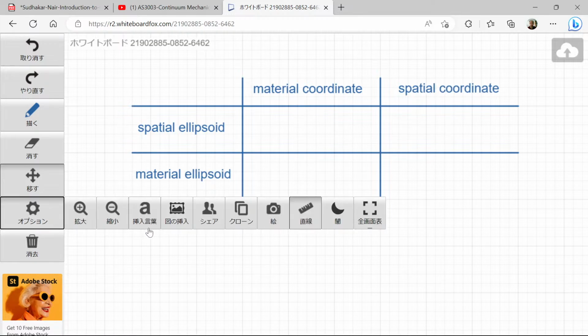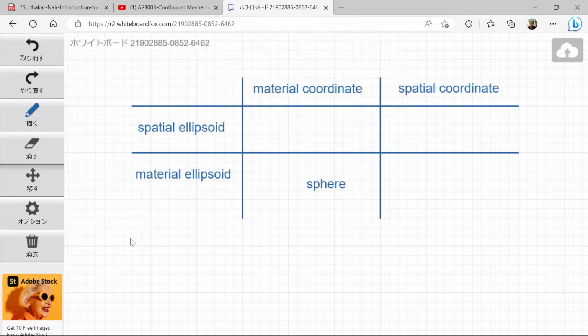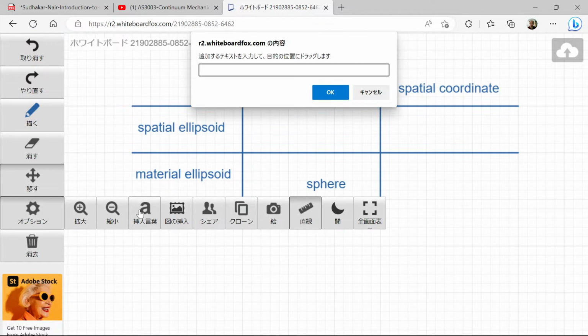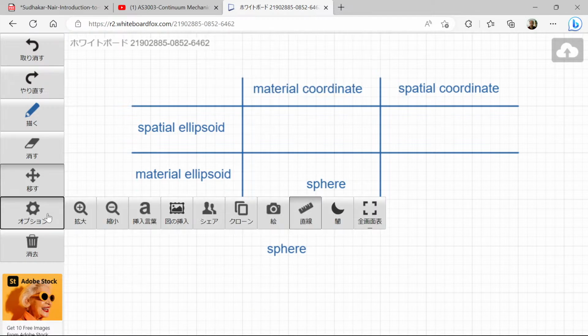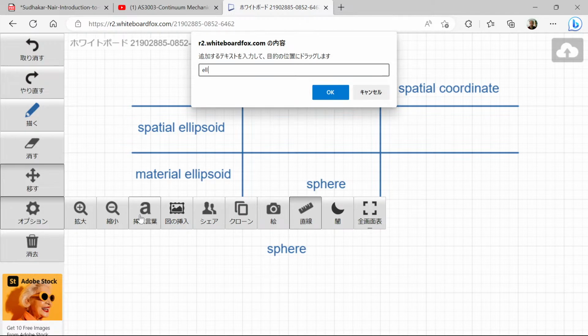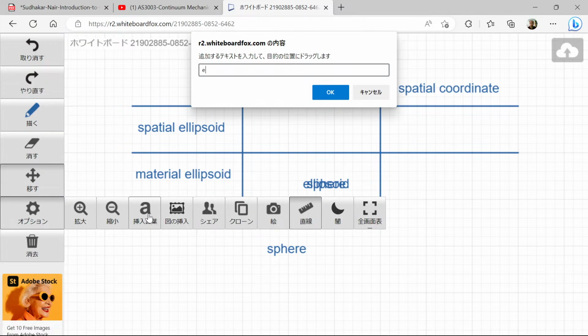Then we have sphere, sphere, ellipsoid, ellipsoid, ellipsoid.